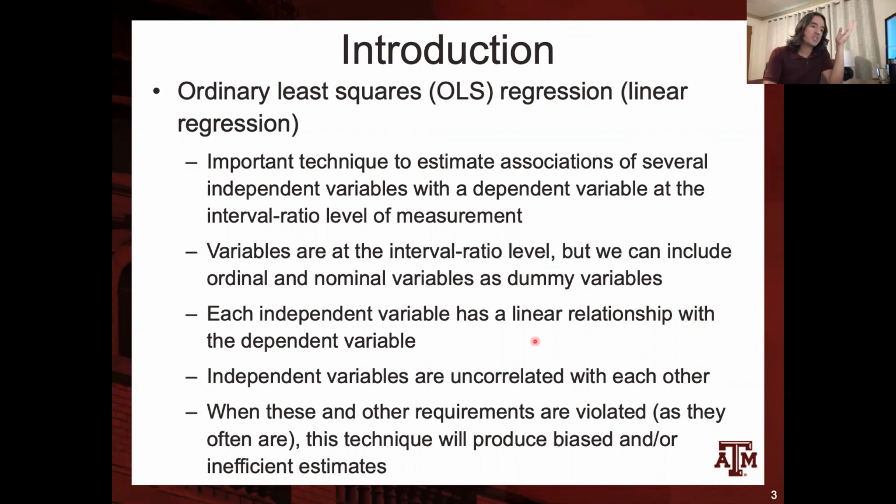But some of these assumptions, and also other requirements that we are going to talk about later today, are often violated. And if they are violated, then this technique will produce biased or inefficient estimates. So we have to be careful to follow the assumptions and requirements as closely as possible, so we don't have biased estimations in our analysis.